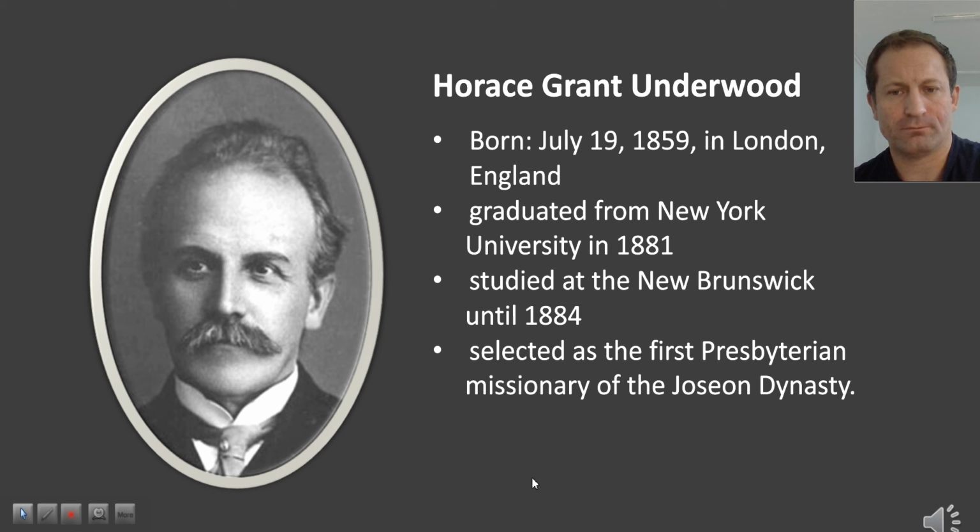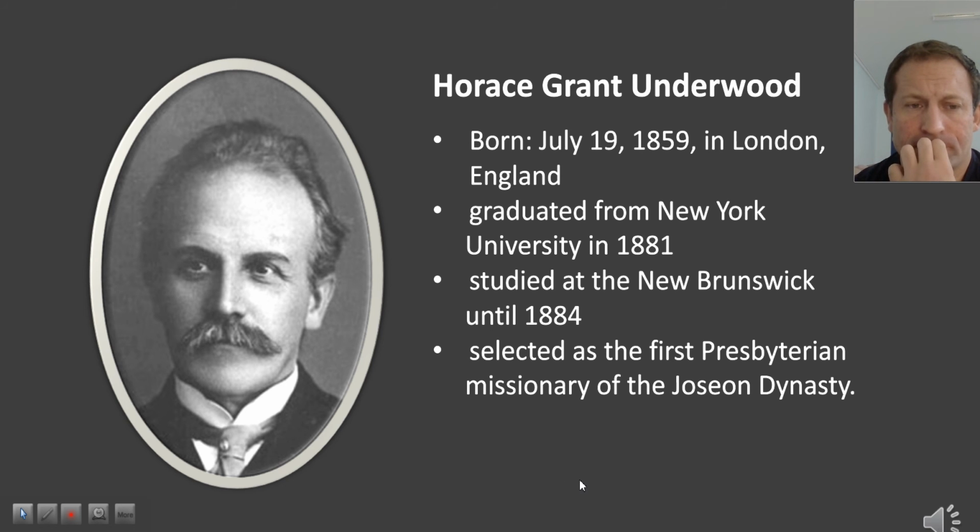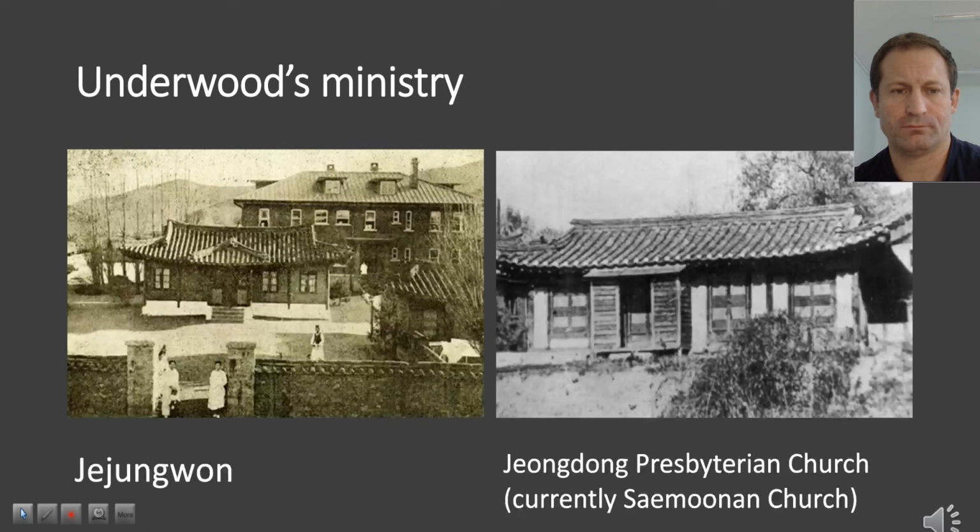He had dreamed of becoming an Indian missionary since childhood, but when he heard about Joseon at an in-school meeting, he realized that God chose him for Korean missionary work and decided to go to Korea. Subsequently, Underwood went on a mission trip to Joseon with the help of the Overseas Missionary Department of the Northern Presbyterian Church of America. Thus, he was selected as the first Presbyterian.